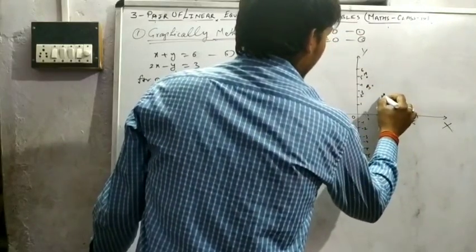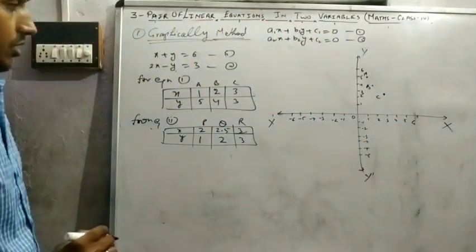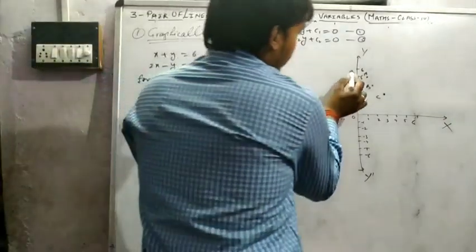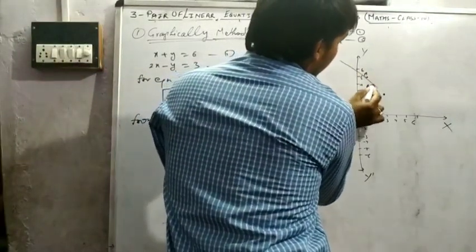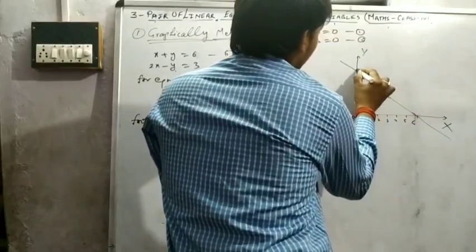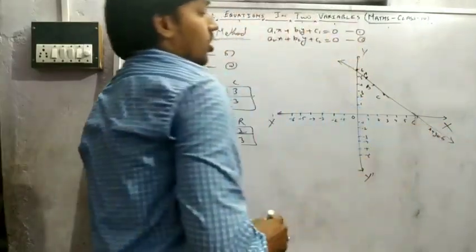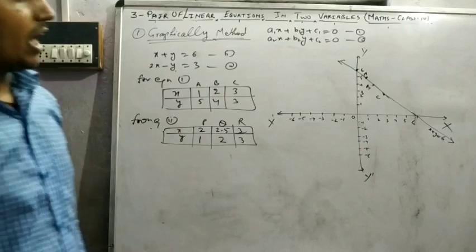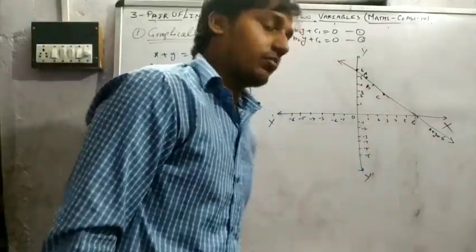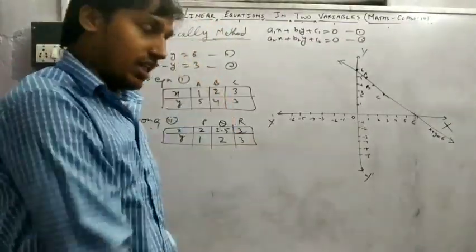B and C. Then draw a line, x plus y equal to 4. You can see it when you draw the line. It's always a straight line, because the graph of a linear equation always forms a straight line.